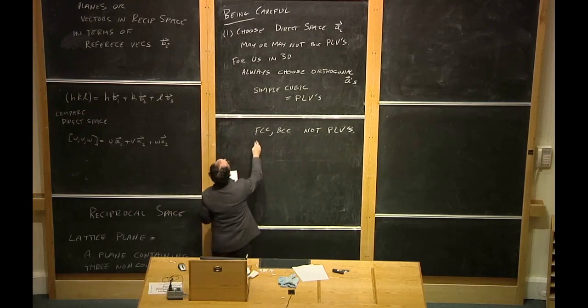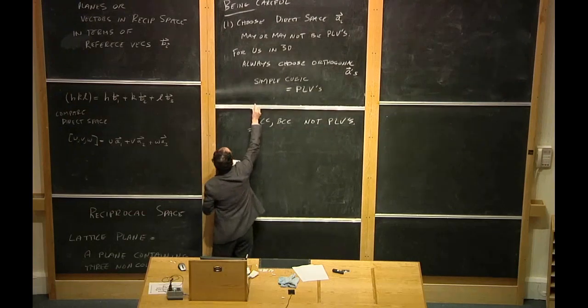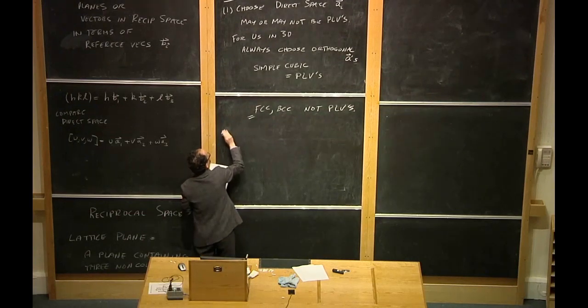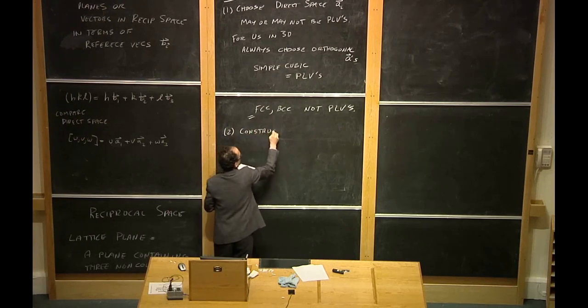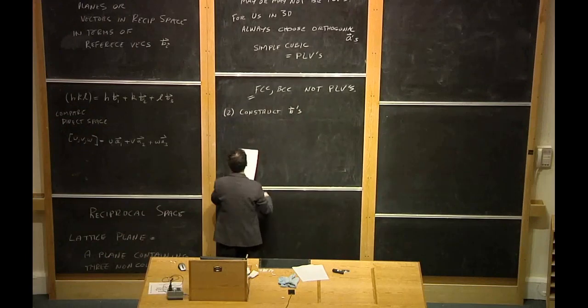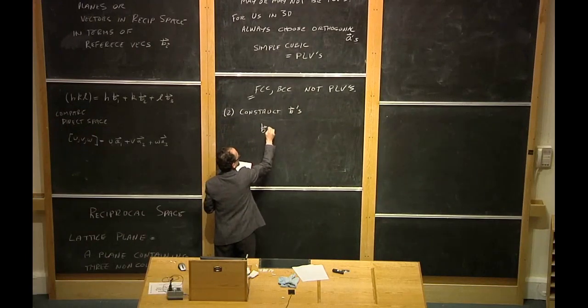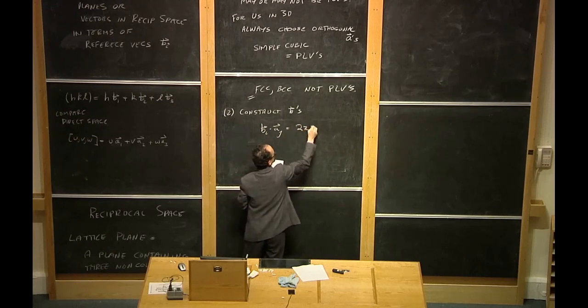Okay? So given that we've defined these a's, we then construct b's, step 2, by b_i dot a_j equals 2 pi delta_ij.